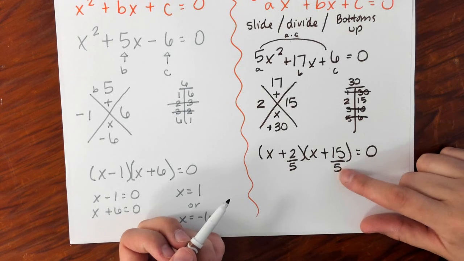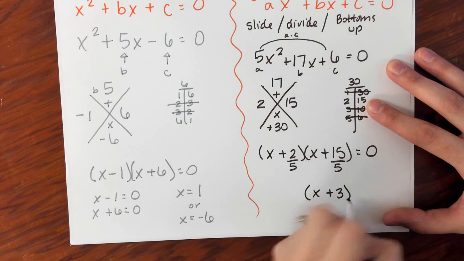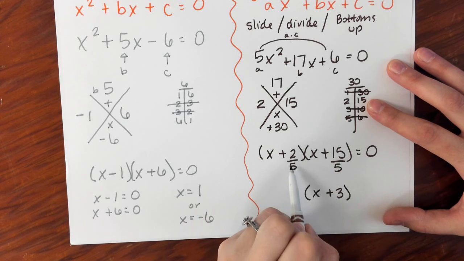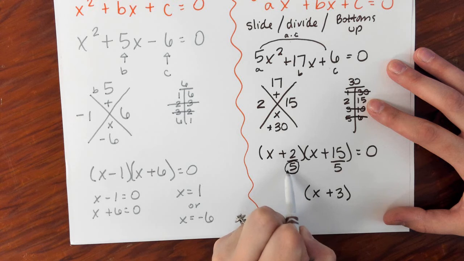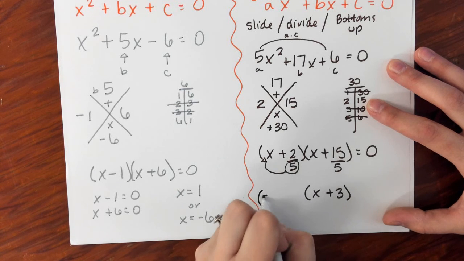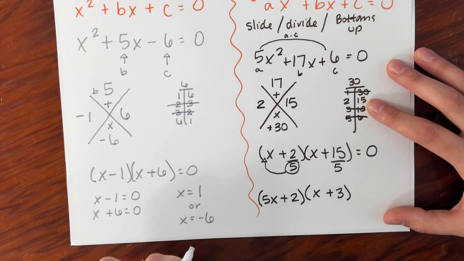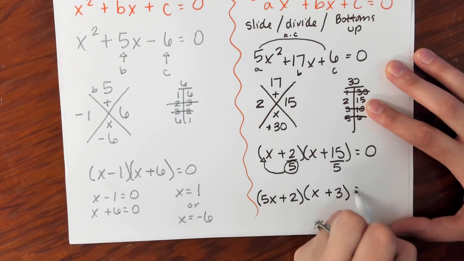So this one, 15 divided by 5, becomes a positive 3. However, this one does not become a whole number, so we are going to actually slide bottoms up. So it becomes 5x plus 2 equals 0.